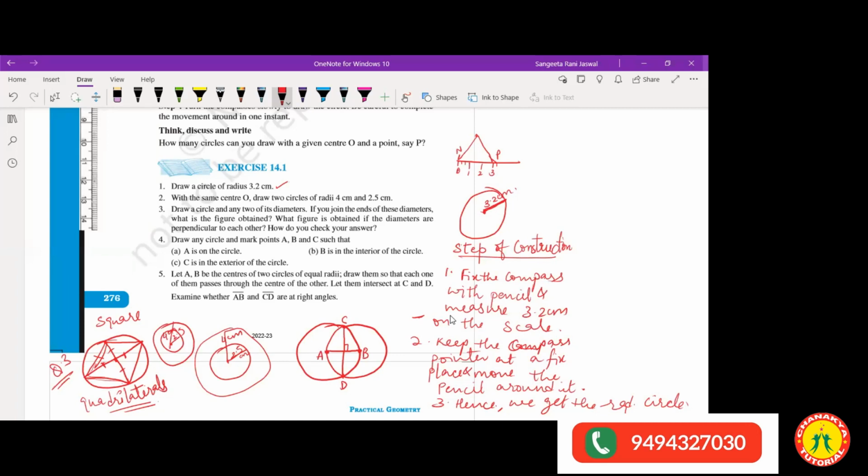Ma'am, I can't understand what's the use of this. After keeping the points, we have to measure with the protractor what angle is there between AB and CD. Okay, ma'am. Is it 90 degrees or not? That you have to see.